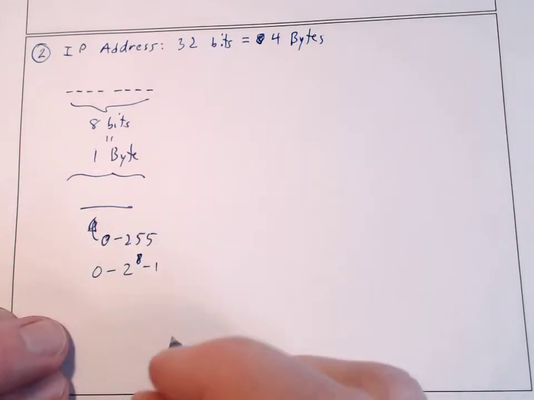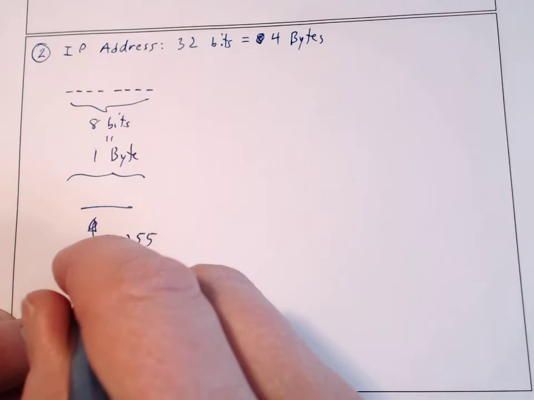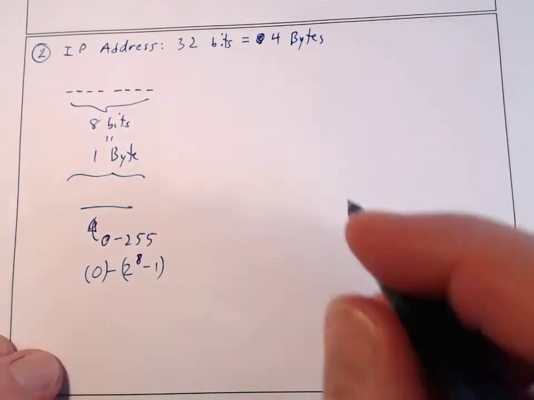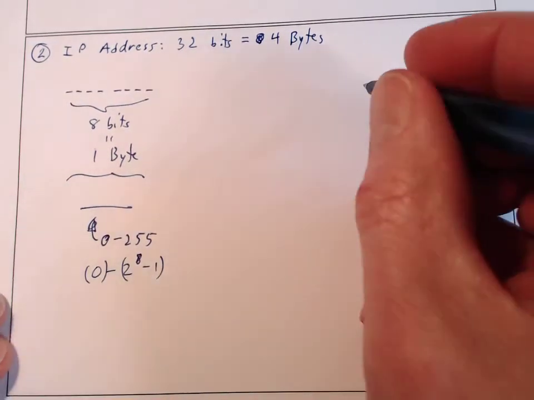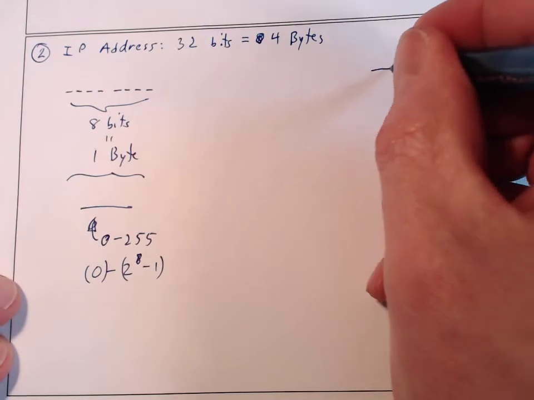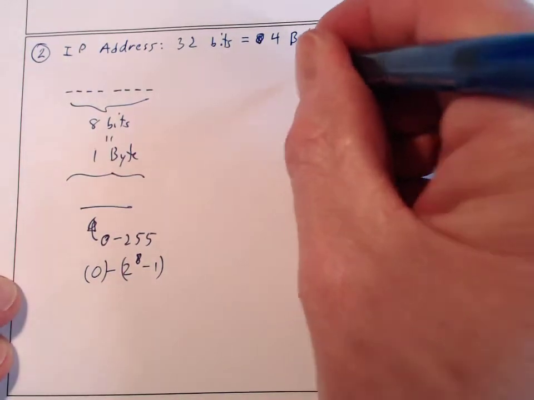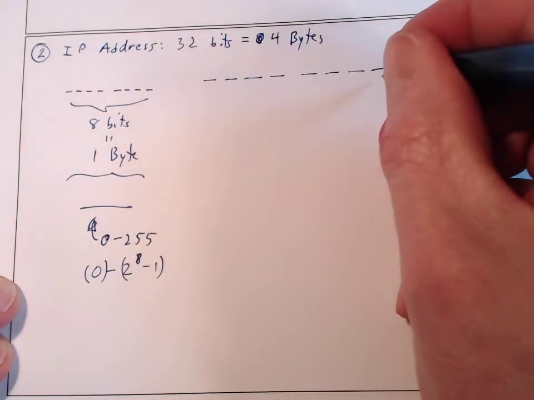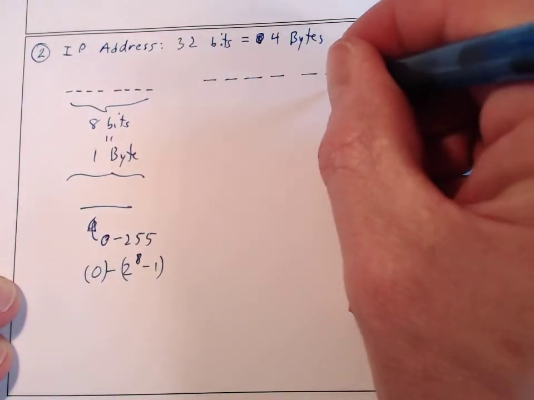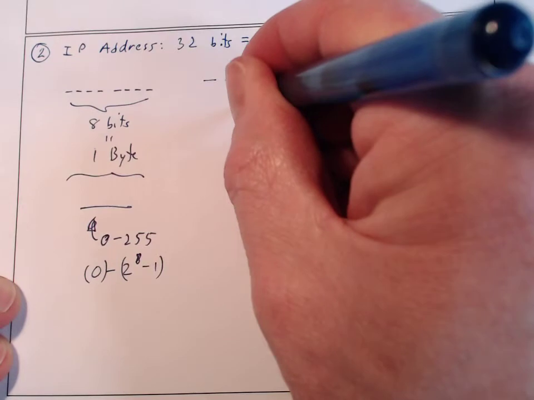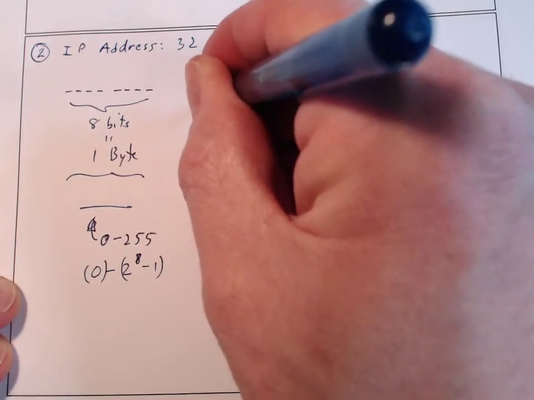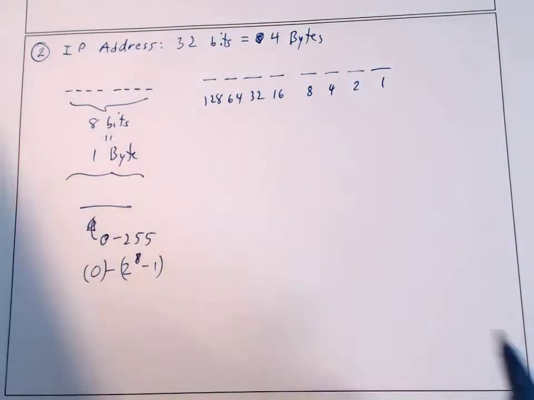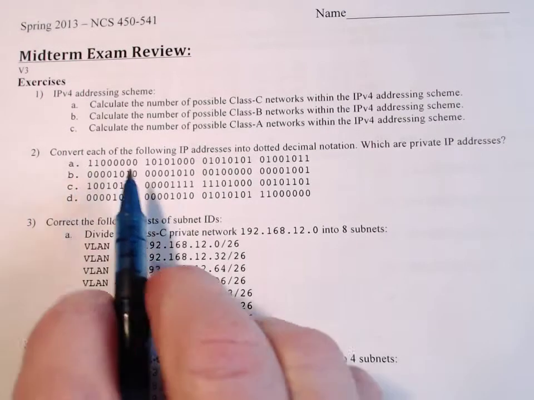Okay? And so, very straightforward. You just use your binary representation. This is the ones place: 2, 4, 8, 16, 32, 64, 128. And when you see a number, I'm not even going to do them all.